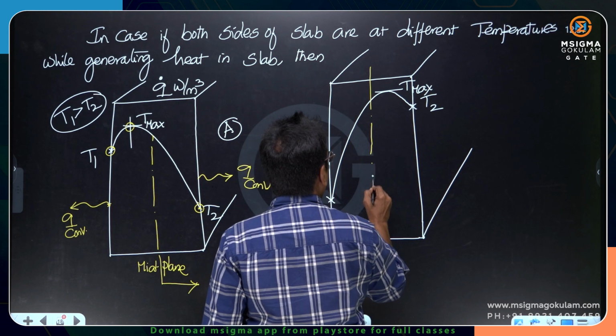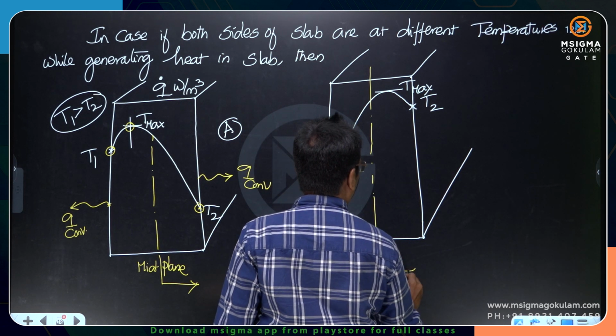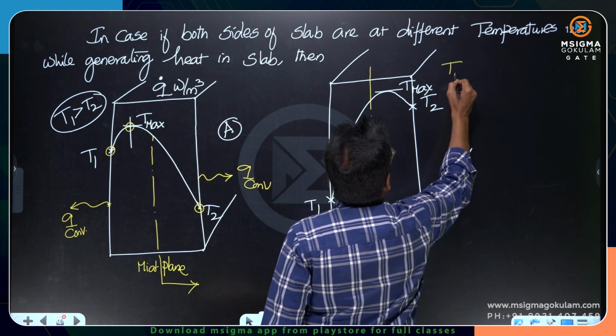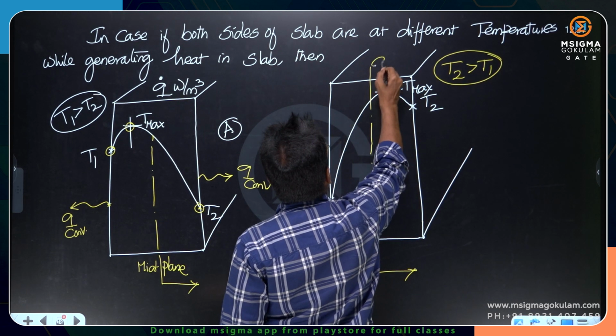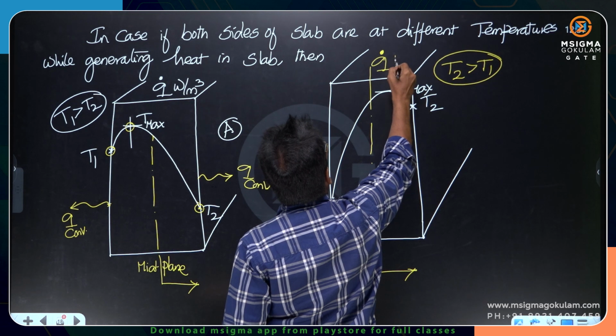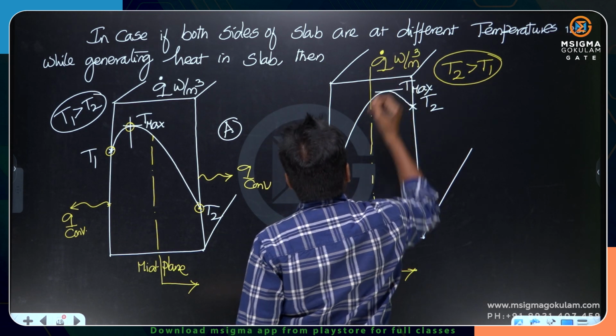This is the midplane. So T2 is greater than T1 and uniform heat generation is happening. So we have shown you all the options.